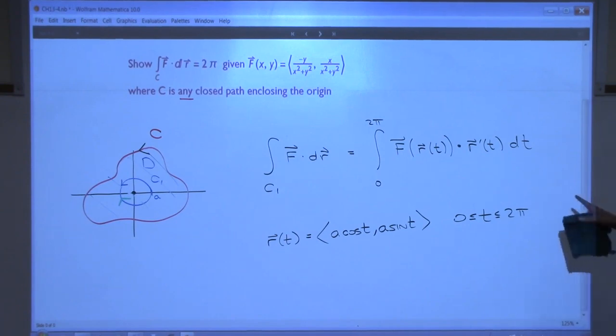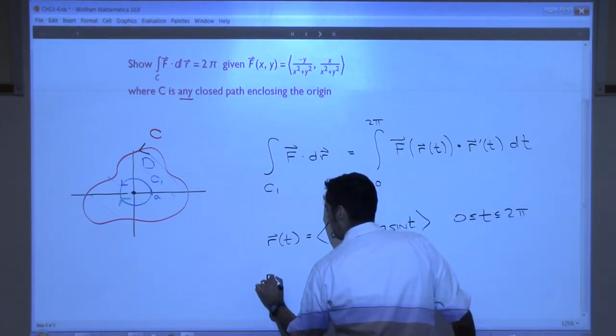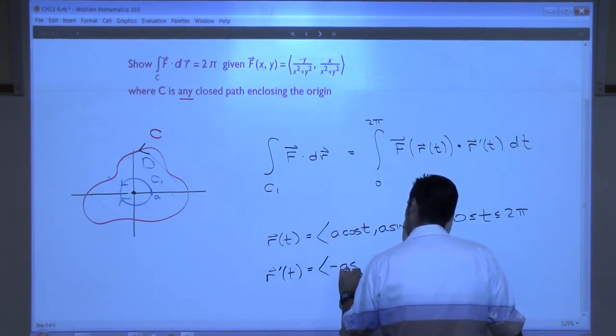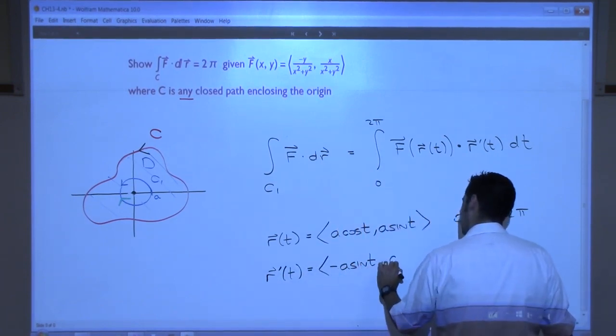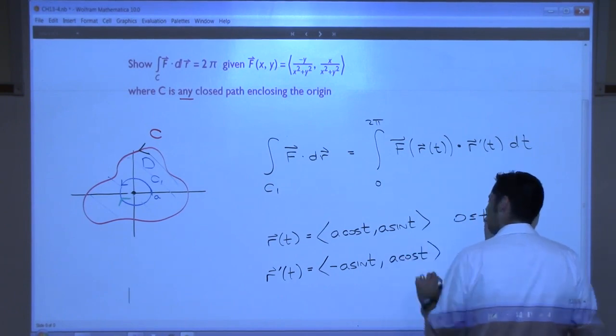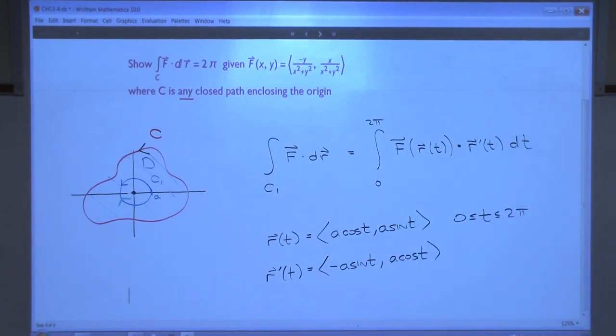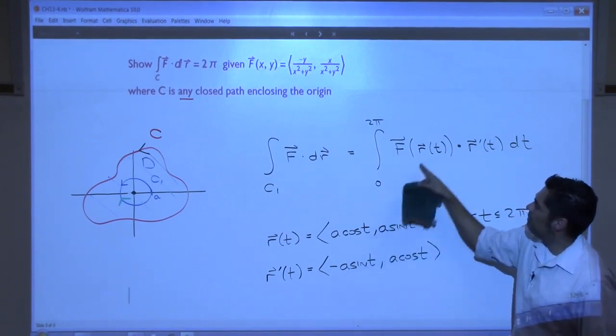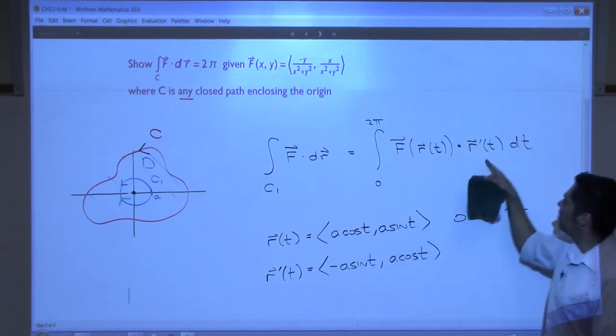So we need the derivative. The derivative of r is negative a sine t, a cosine t. You with me? We get to plug the r into the vector field, and we need to plug the r prime into this.